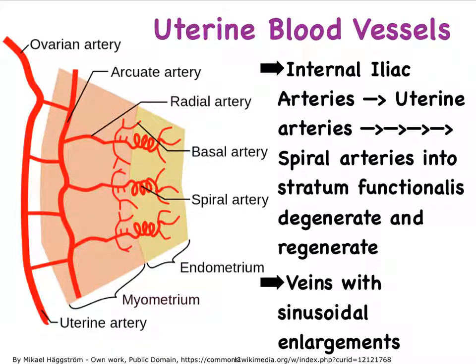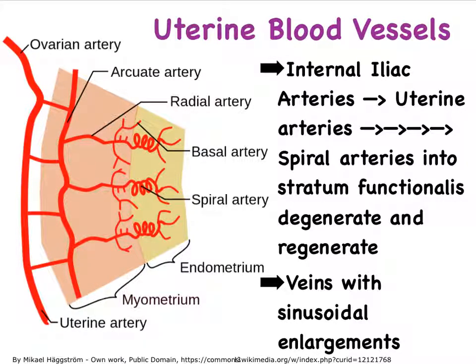These uterine arteries arise from the rather large internal iliac arteries. You find those in the regions where you find your two iliac bones, very close to the aorta, where the aorta splits into the two common iliac arteries, which then give rise to the internal iliac arteries.